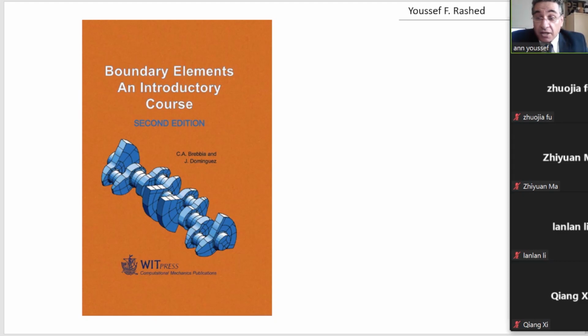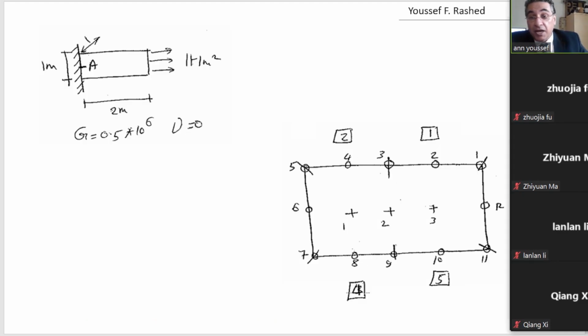If we start talking about two-dimensional elasticity, I have a program for two-dimensional elasticity, and I have to make input for this program. I'm concerned mainly about reading outputs.